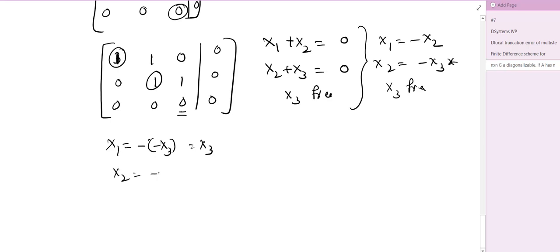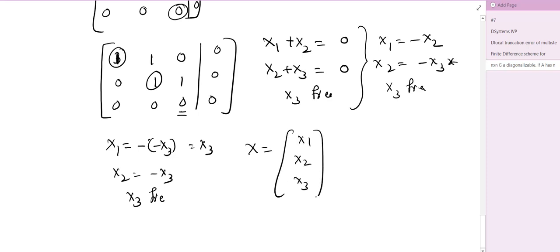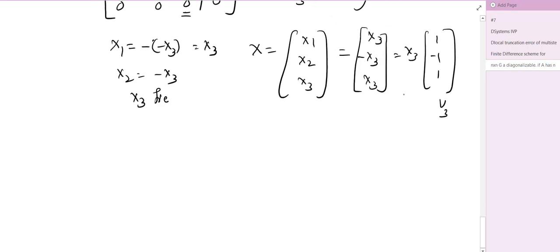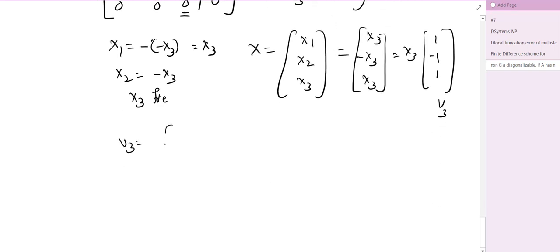So write a solution where x is x1, x2, x3, which is equal to x3, minus x3 and x3. Hence if I take x3 out, it is 1, minus 1, 1. So this you can consider as V3. This V3, which is equal to 1, minus 1, 1, is corresponding to lambda equal to 1.